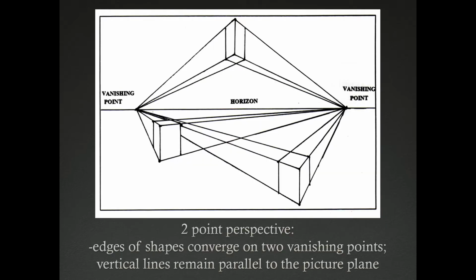In two-point perspective, boxes are typically placed on a tilt so that we are looking at a corner as opposed to a face.